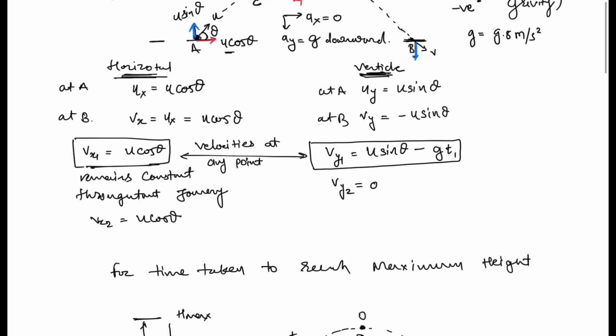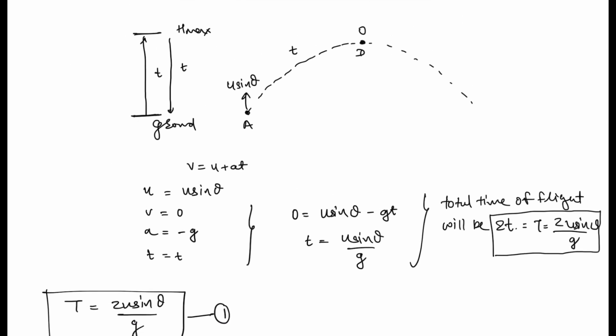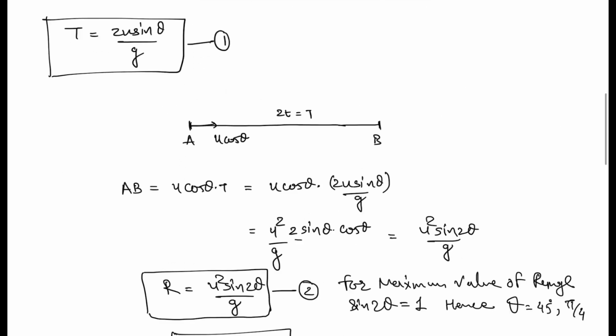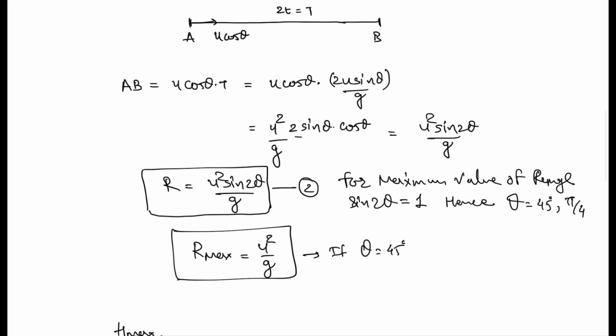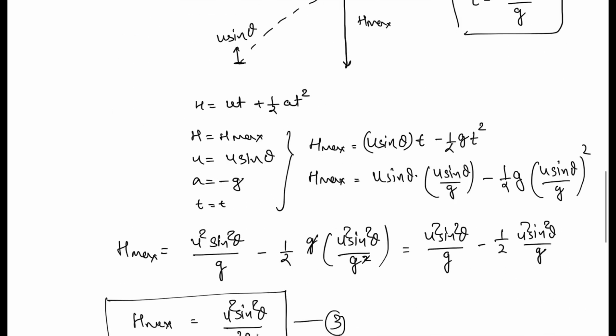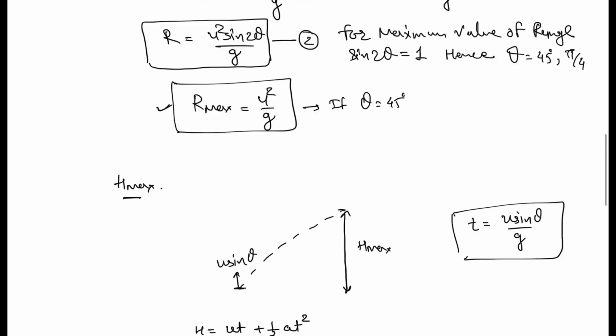Then we found the time of flight for half of its path, and multiplying it by 2 we get the total time of flight. By putting the total time of flight into the horizontal direction we get the maximum range, and we also get the solution for maximum height. So you have to remember all these steps.